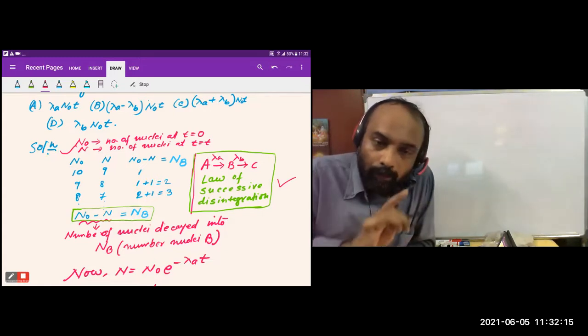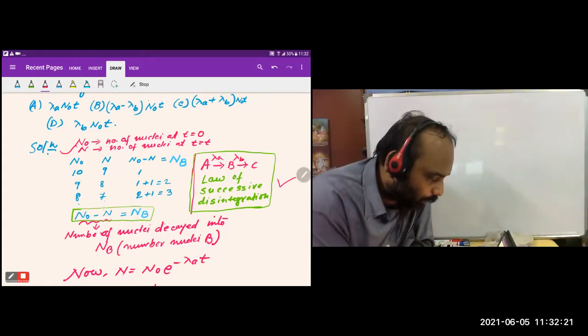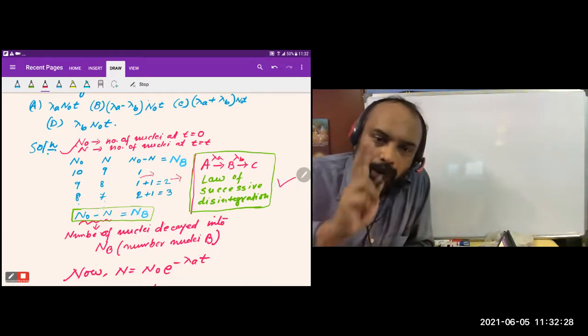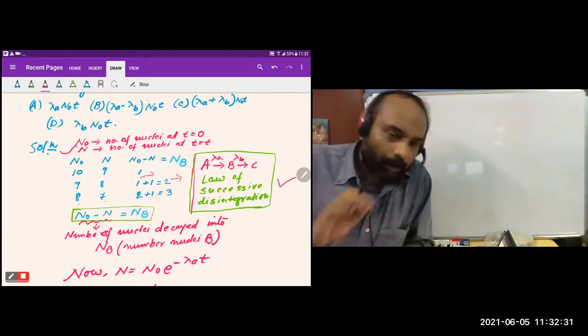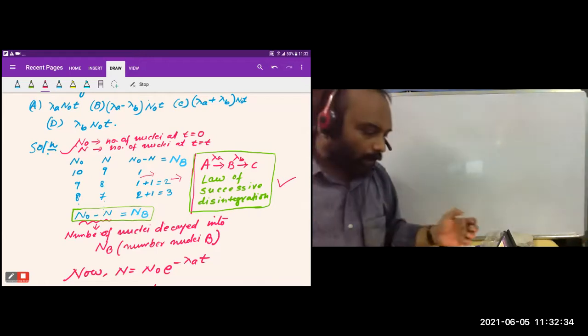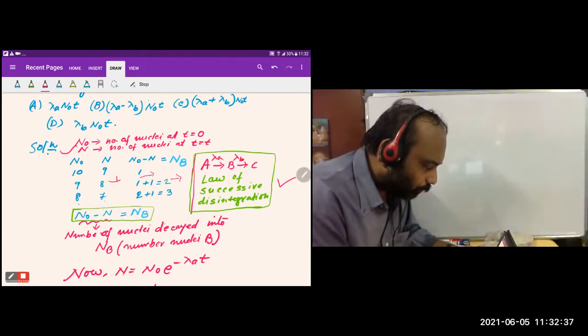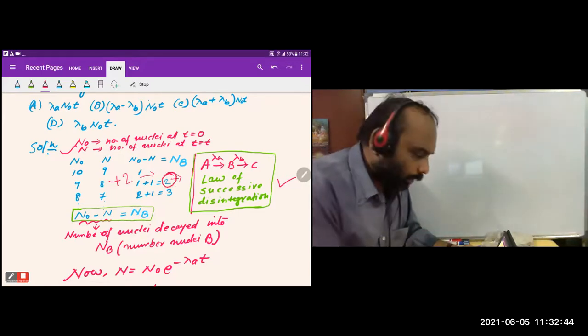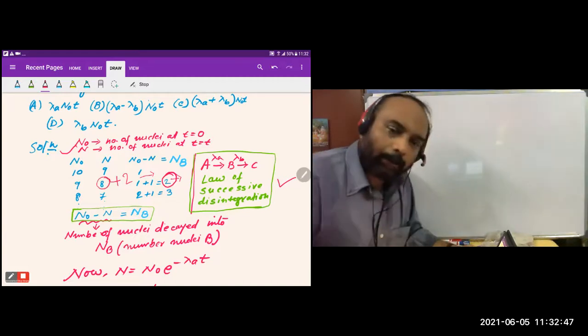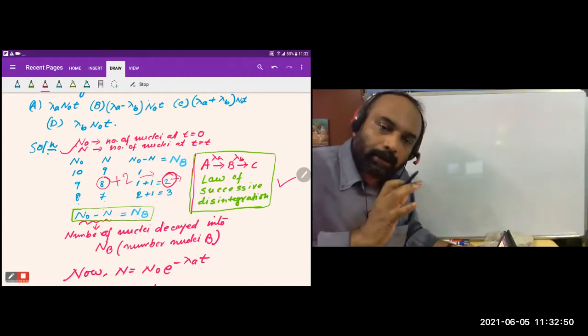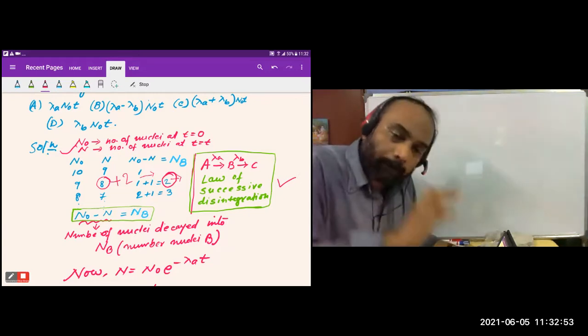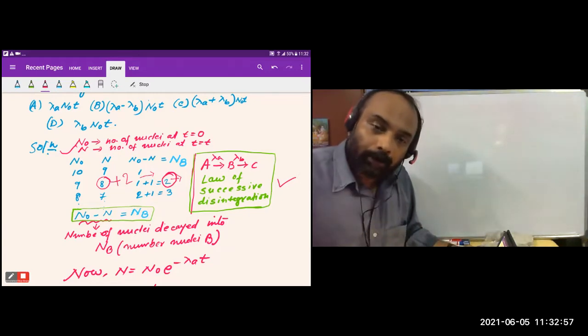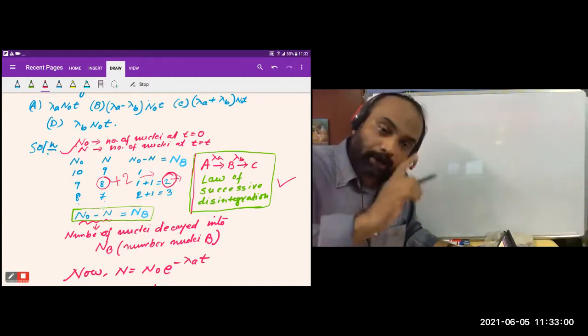So that one becomes my element B. See, 1 plus 1, so I get 2 particles of element B. And you see, if I add 8 plus 2, because 2 is element B and 8 is element A at time t equals t, the total is 10. We started with 10. So it is 10.